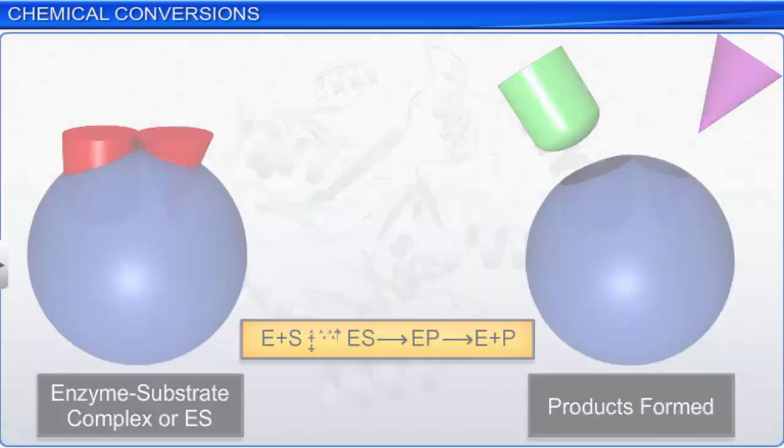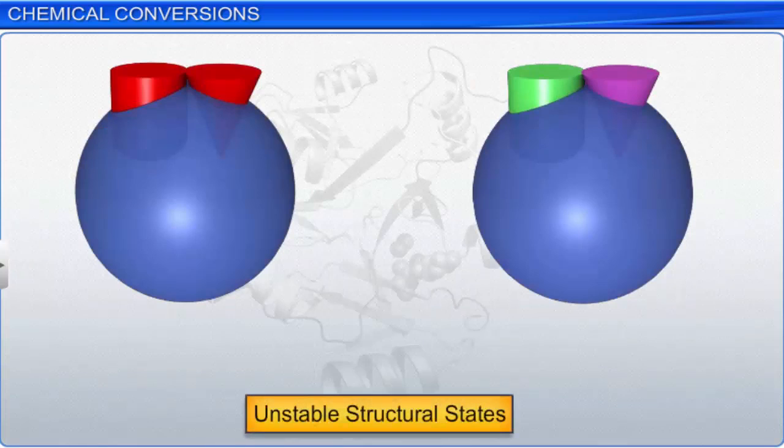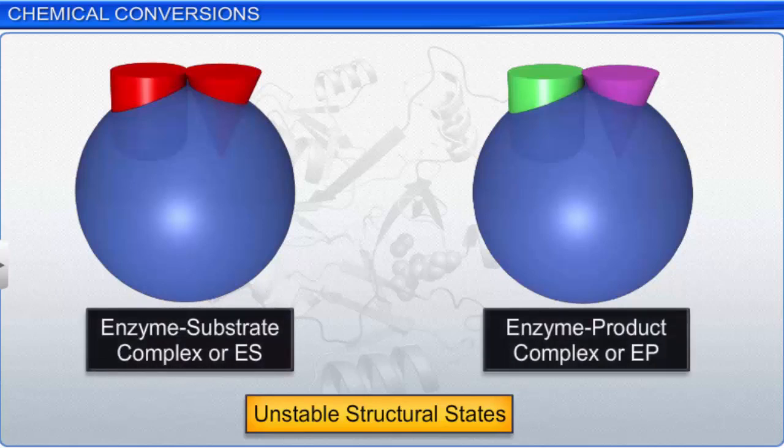During the enzyme action, there can be many temporary, unstable structural states between the stable substrate and the product. For example, ES and EP complexes. These states are also known as altered structural states.